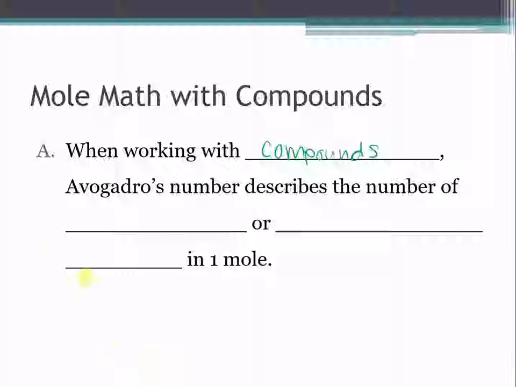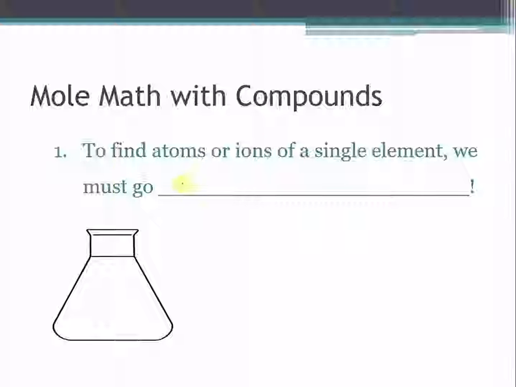It's describing the number of molecules or formula units in 1 mole. So if you are starting with a compound, if you're starting with something made of lots of atoms and you're trying to find a number of atoms, you're going to have to go 1 step farther.